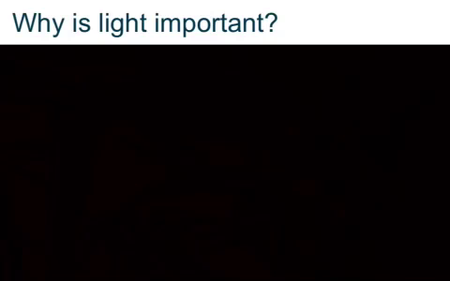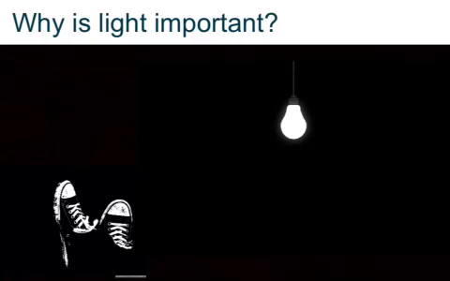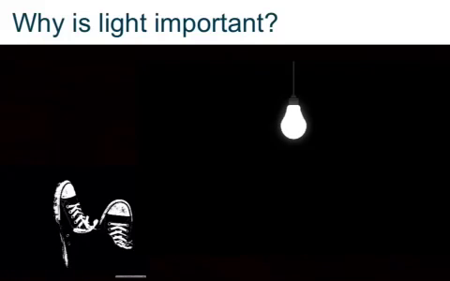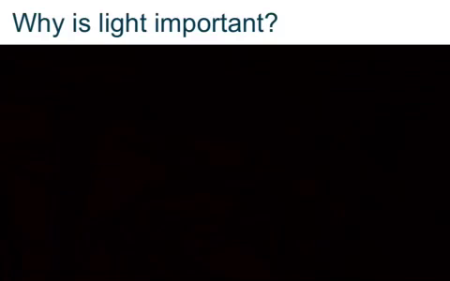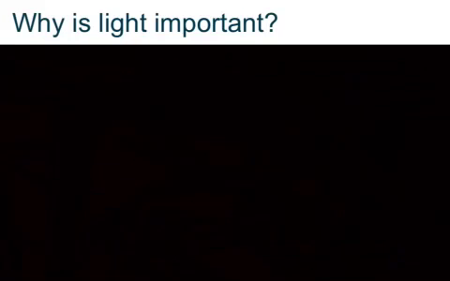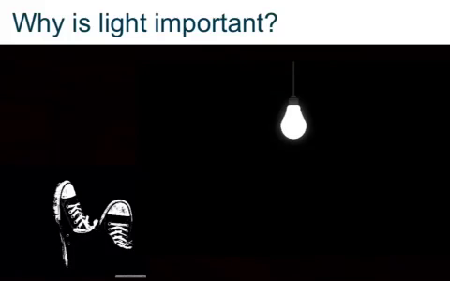So next, why is light important? Let's take a look at what's happening on the screen here, and maybe you can guess why light is important. What do you notice that is happening?